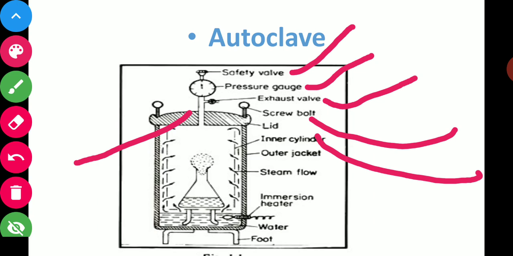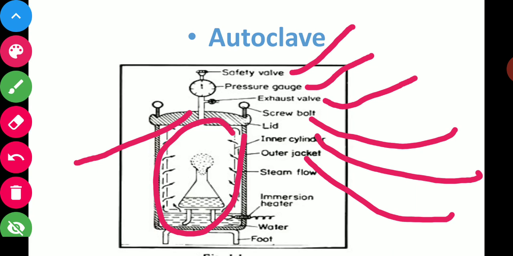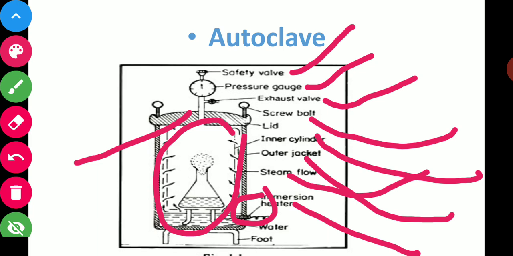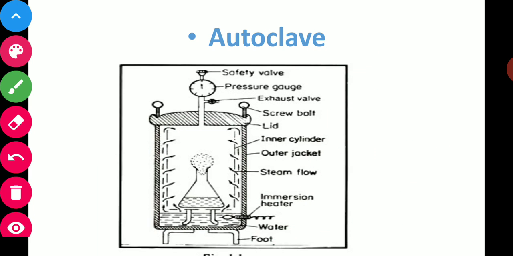Then the inner cylinder is there, having the inner body wall, then the outer jacket which surrounds the autoclave, then the steam flow and the immersion water heater fitted at the base of the autoclave. Here water is filled in it, and this is the foot of the autoclave. So these are all the different parts of the autoclave which are used in microbiological and tissue culture experiments.